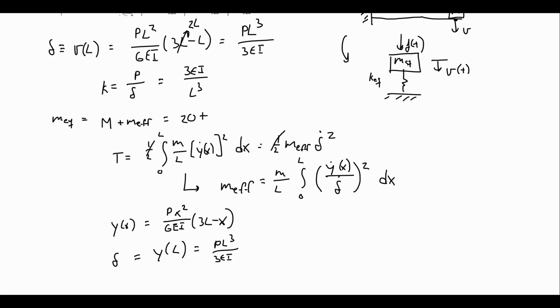So this is actually asking for velocities, not positions. But what we can do is we can differentiate with respect to time. And we're going to get that y dot of x equals P dot, that's changing in time. x is not a function of time in this case. Here, x was defined as just my distance along the beam.